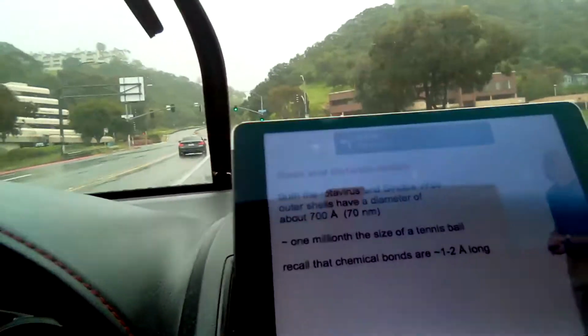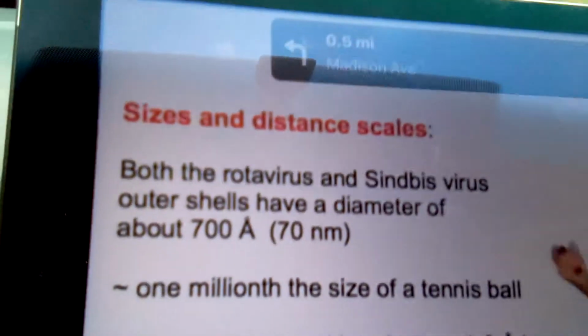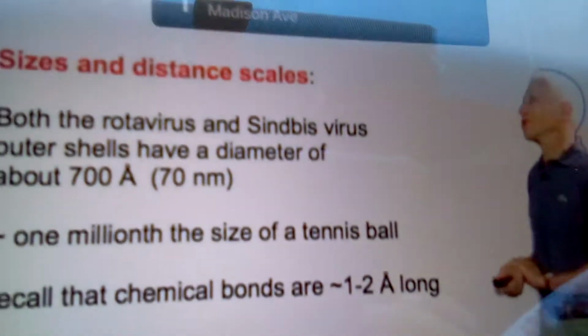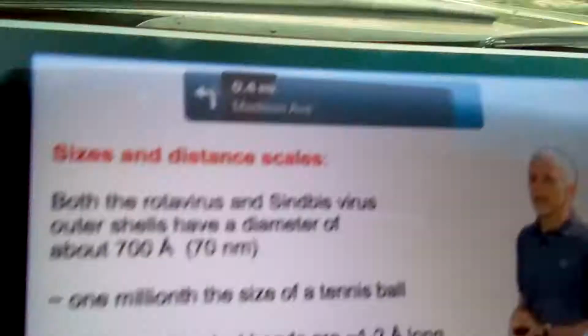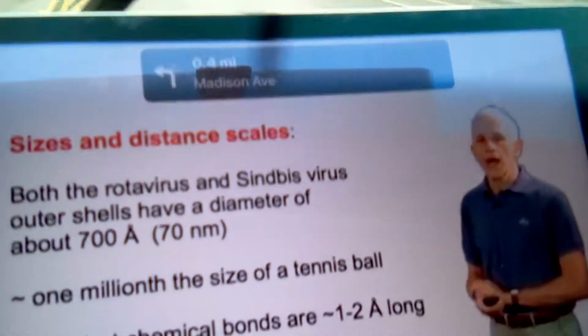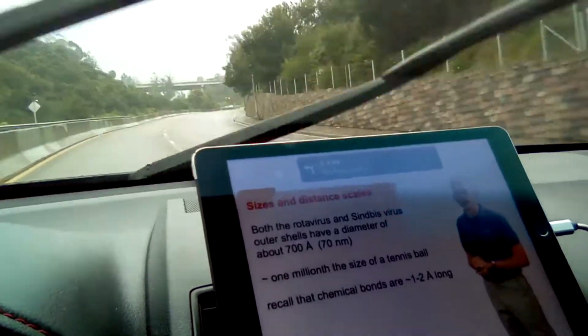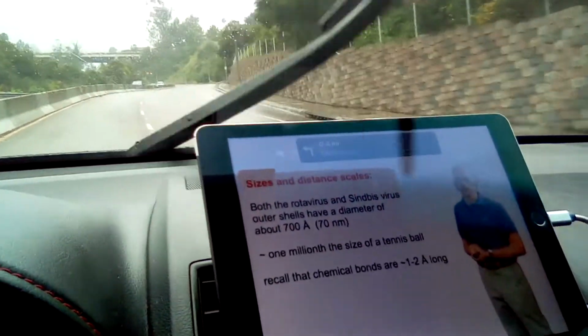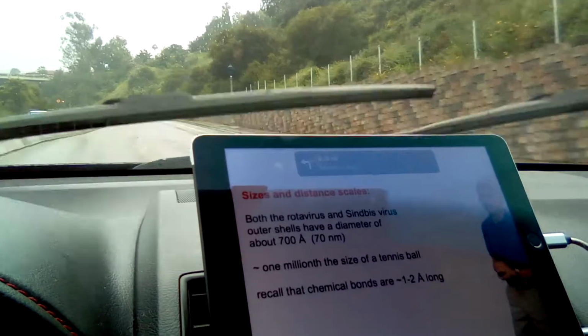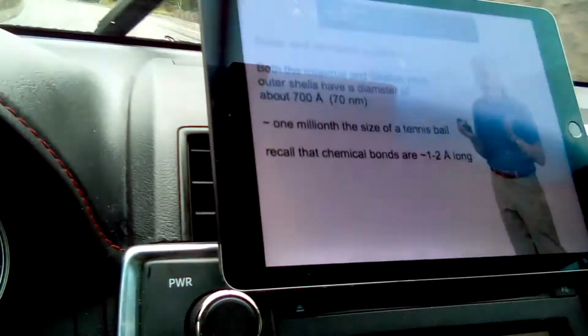Just to remind you of sizes and distances, both the rotavirus particle and the Sindbis virus particle, as the right-hand one was called, have outer shells that are about 700 angstroms in diameter, or 70 nanometers. That's about 1/1,000,000th the size of a tennis ball.